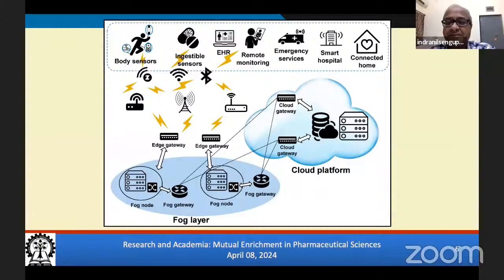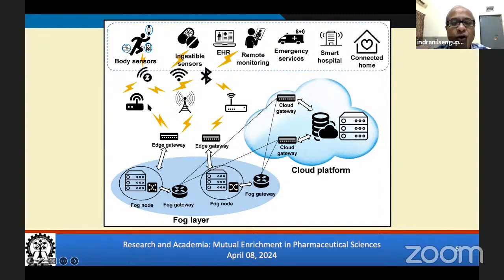They are connected. So if someone in a home falls sick, there will be immediate notification, and the person or the agency concerned will be notified to take necessary action without any delay. And from this data which is generated, there are various kinds of networking and communication mechanisms through which they get transferred to the cloud.